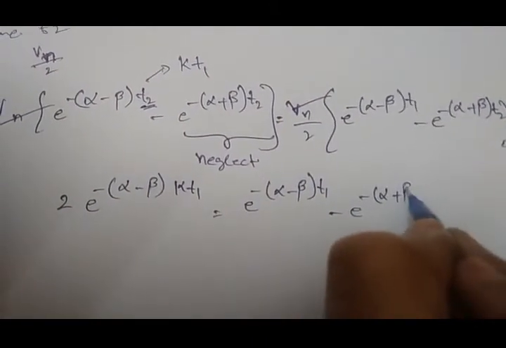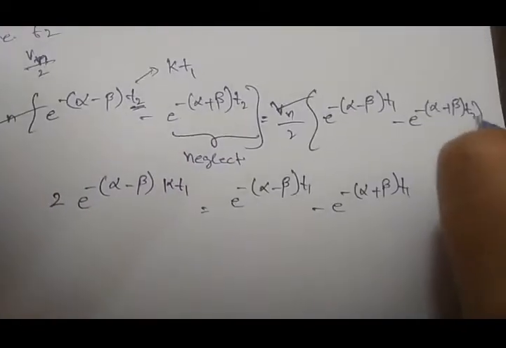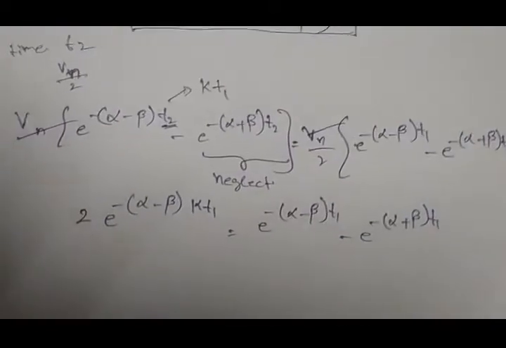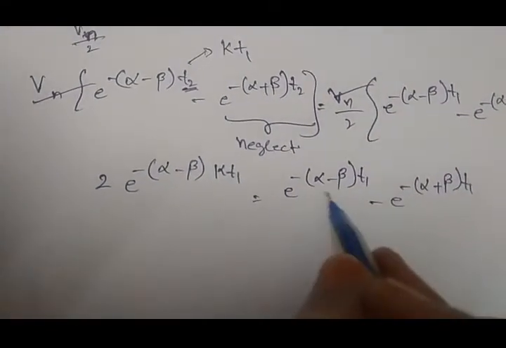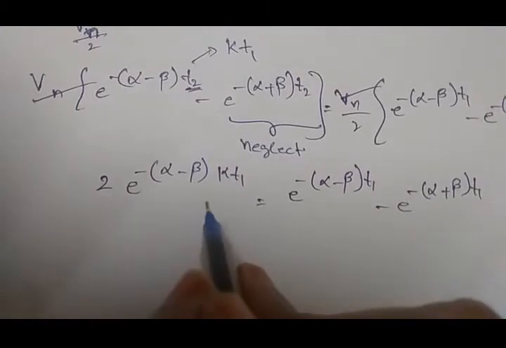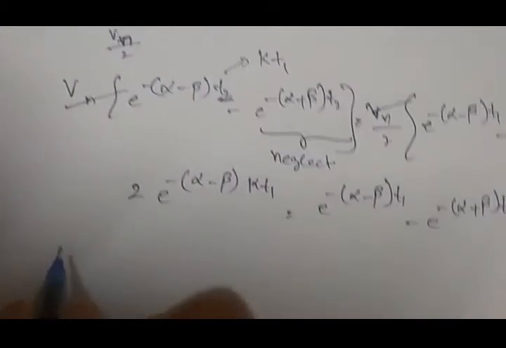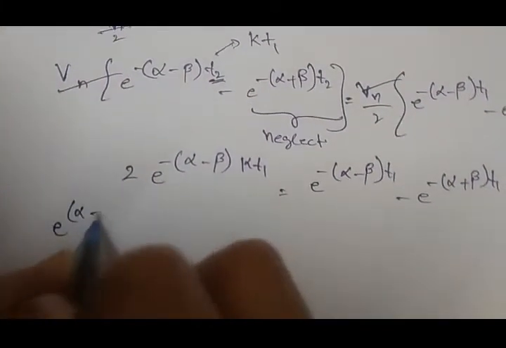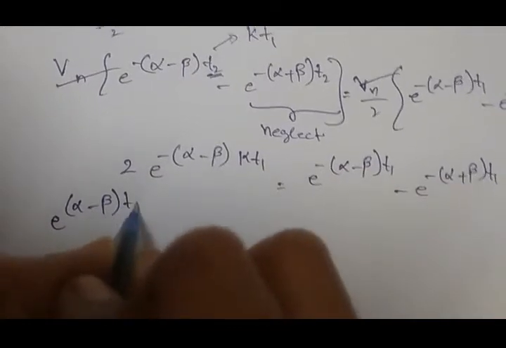Minus alpha plus beta T1. So whatever these expressions are for T1 here, try to rearrange these terms by multiplying with e power alpha minus beta T1.